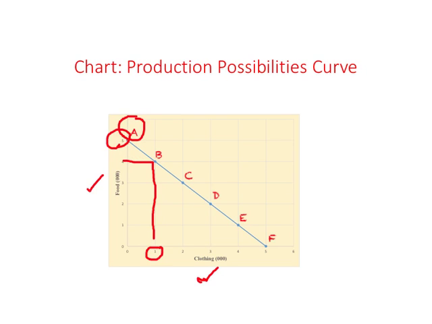And in this way we plot these points and we join them, and what we get is a curve or a line, and this curve represents production possibilities available to this country given resources and technology. And since it's a curve, we call this curve the production possibilities curve, and since we'll use it again and again, we can abbreviate this as PPC.